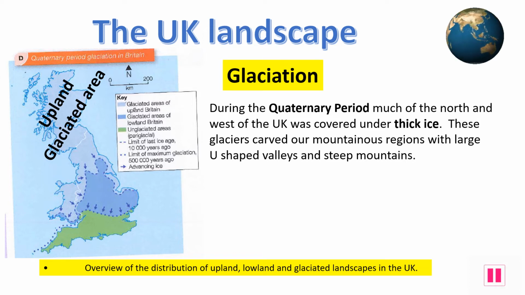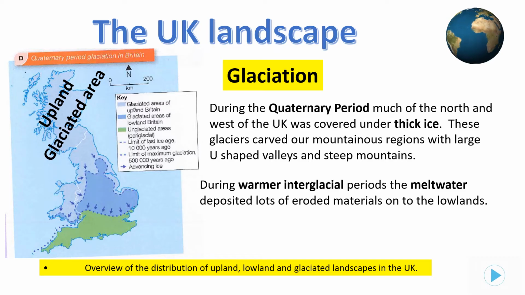This was to the north and west of the country. During the interglacial periods, as the ice melted, it deposited all the eroded bedrock, known as moraine, into the lowland areas in the south and east of the UK. Pause the show and ensure you know about how ice particularly affected the upland UK landscape before moving on.